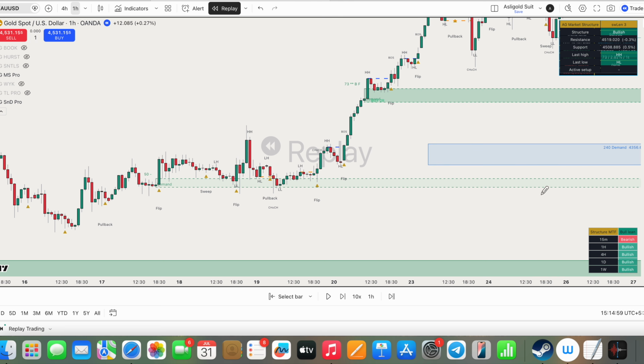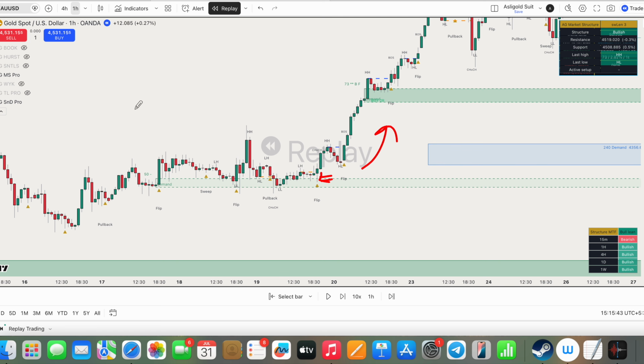So here's where it gets powerful. You never use one of these pillars alone. You read them together. So take a look at this chart right over here. Structure is telling us we are in an uptrend, higher highs, higher lows, all the way up to this point. Price now pulls all the way back down to this key level right here, the same zone that's reacted twice before, and as it taps into that zone, look at this candle, a strong rejection wick right at this level, right in the direction of the trend.